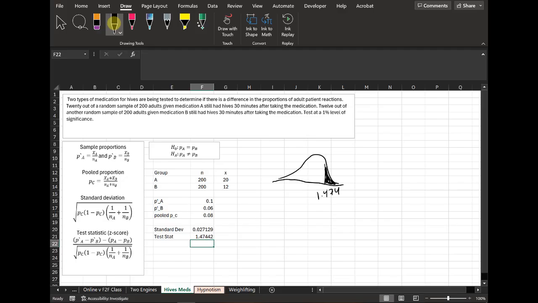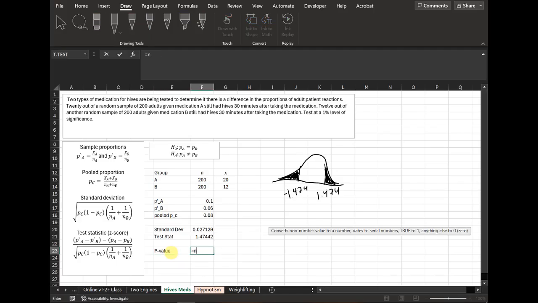But remember, in this case, we have a two-tailed test. So I also need to find the same area on the other side of the distribution. So whatever my p-value is for the test statistic that I just computed, I need to ultimately multiply that by 2.